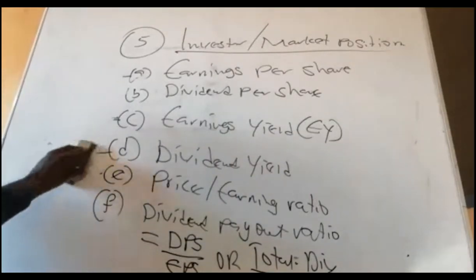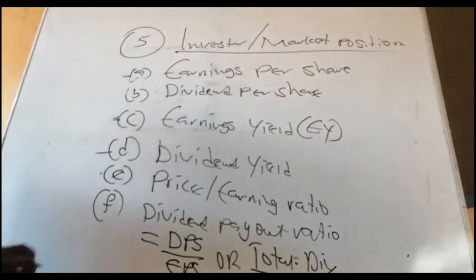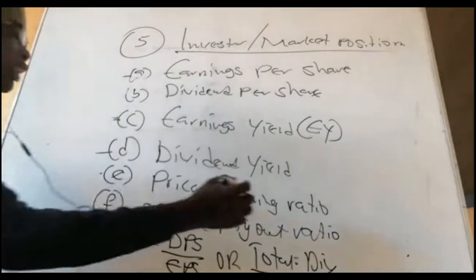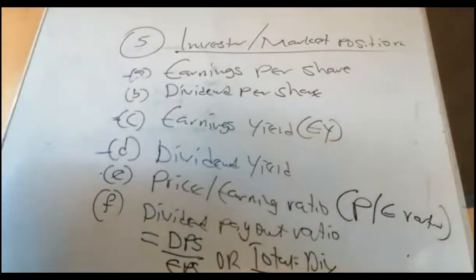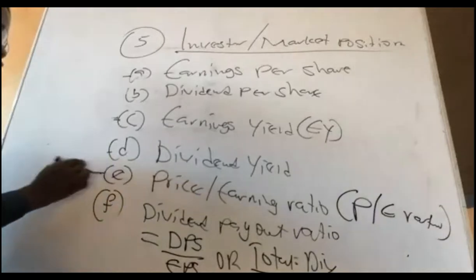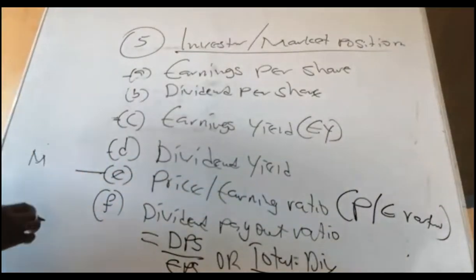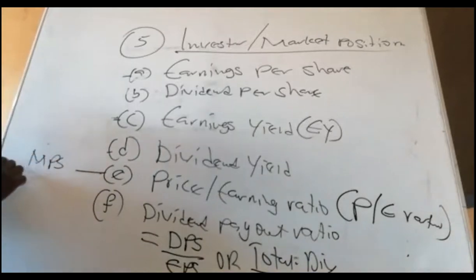Then we quickly went through the price earning ratio, the PE ratio. As usual, price over earnings. That becomes the market price per share over the earnings per share, or the market capitalization over the profit after tax.